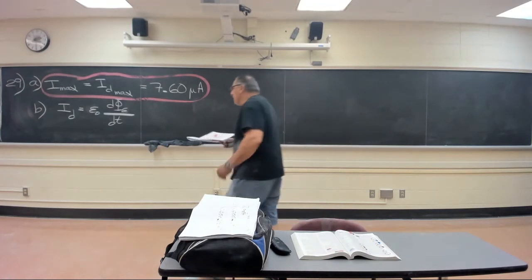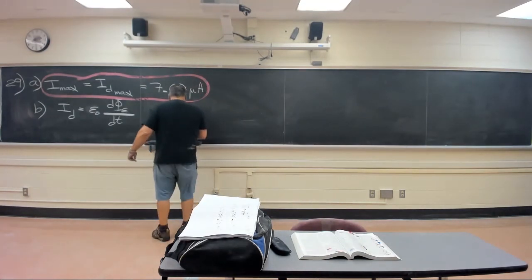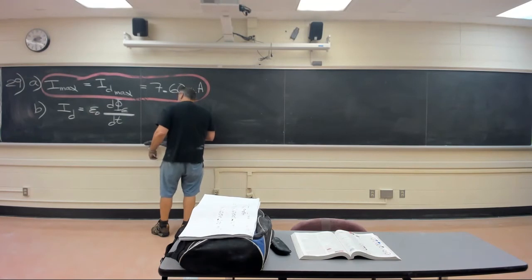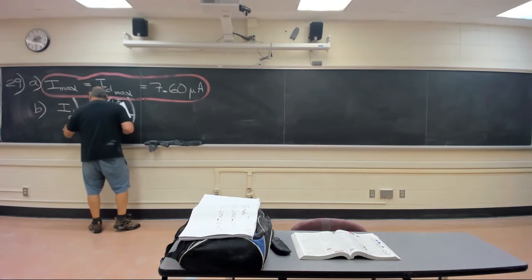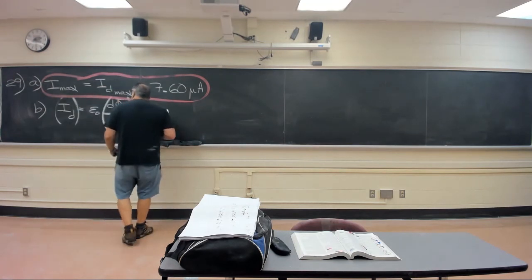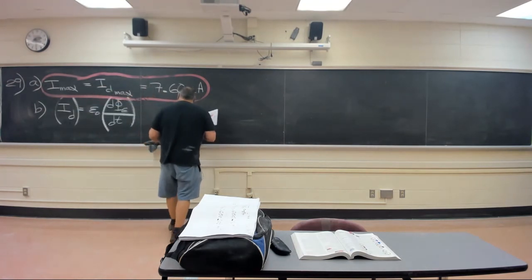And I think it made pretty good sense, guys. So what does that mean? Well, it just means this. If you want this to be a max, that right there has got to be a max. Divide by epsilon naught and you're in business.